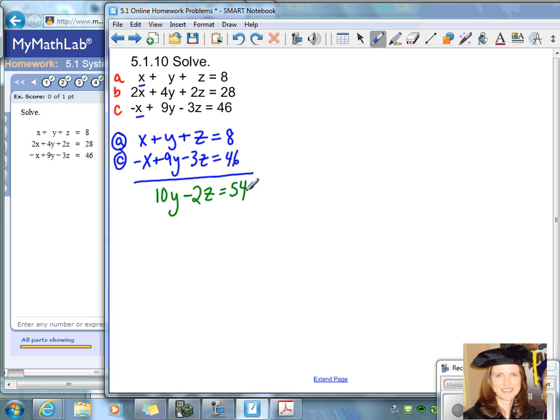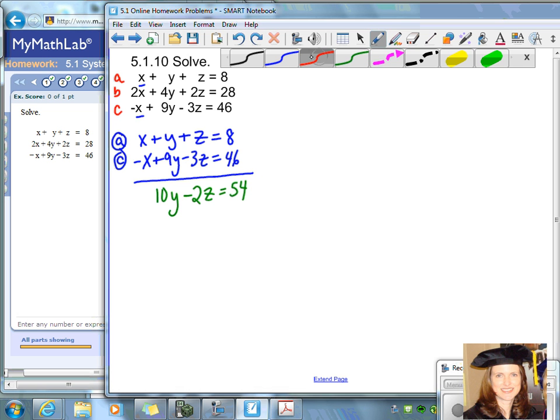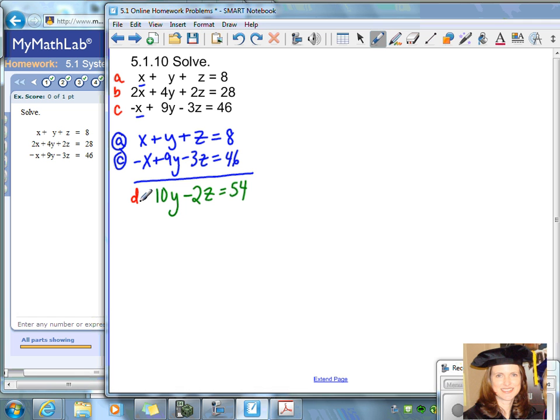So by combining equations A and C, I get a new equation that doesn't have an x in it. I'm going to label that equation D. So equations A, B, C to start off with, I combine A and C to get an equation that only has y and z in it. So I've eliminated the x terms.